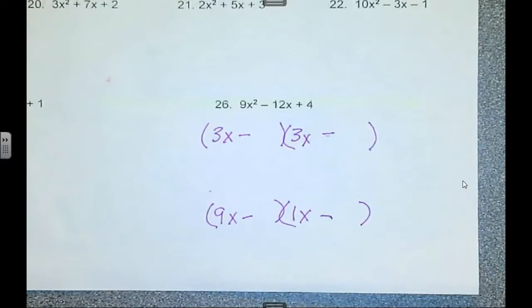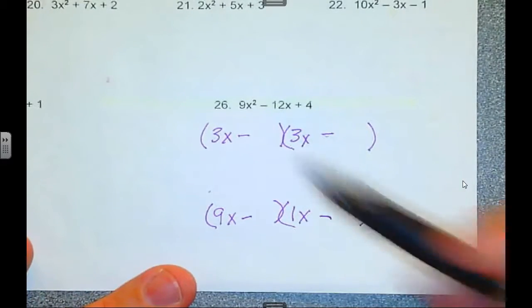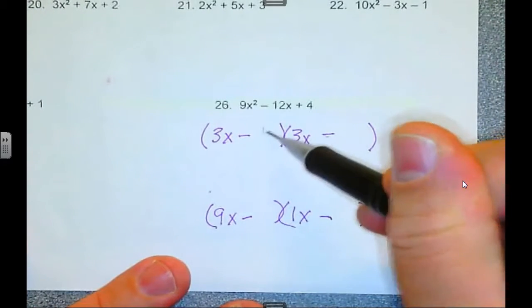Could be 4 and 1. We could try, on the 3x or the 9x? The 3x, and where do you want me to put the 4, and where do you want me to put the 1? Does it matter?